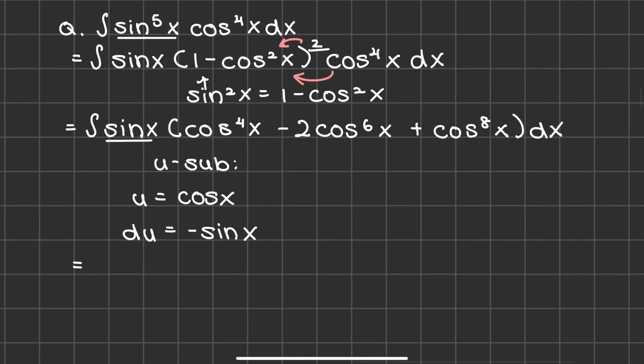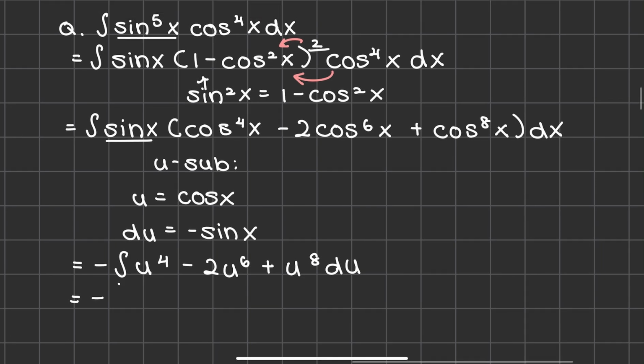So the answer would just have to be equal to negative, right here, it's crucial, u to the 4th minus 2u to the 6th plus u to the 8th du. That would simply be equal to taking it out of the integral. I'll do it on the bottom just so you see it clear.